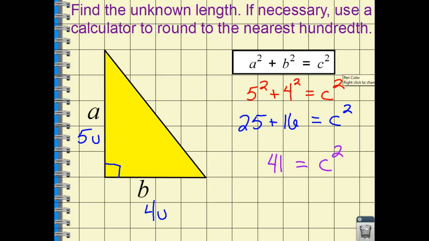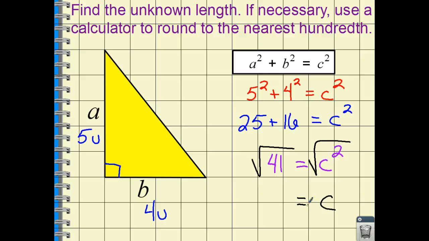So we have to take the square root of both sides to get c. So c is still equal to this square root of 41 because that is not on our perfect square chart.